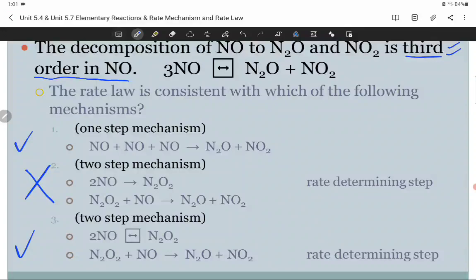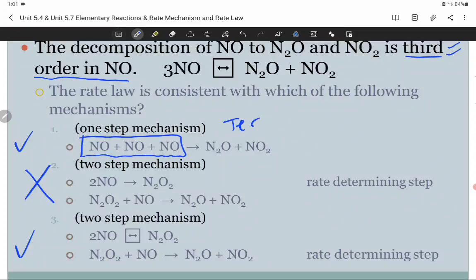Well, let's revisit these. For the first mechanism here, you would need NO to collide with NO to collide with NO perfectly, right orientation, all at the same time. That is termolecular. Probably not likely to occur. Could it happen? Yes.